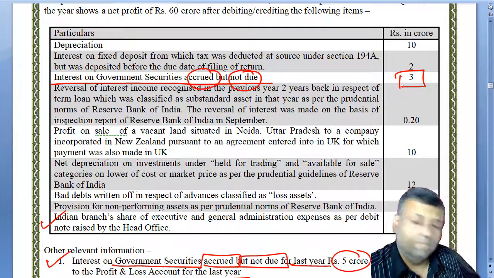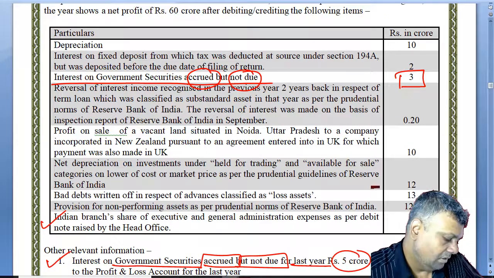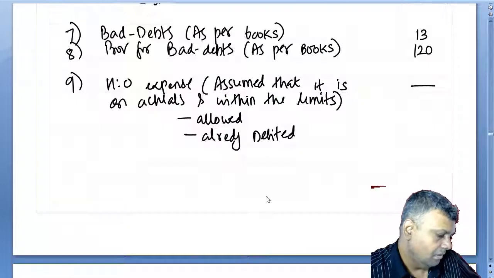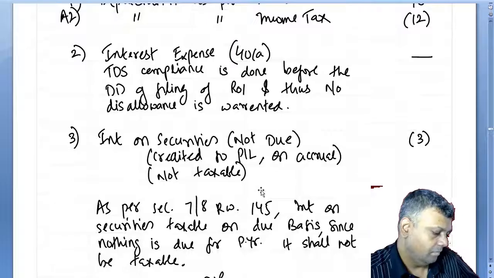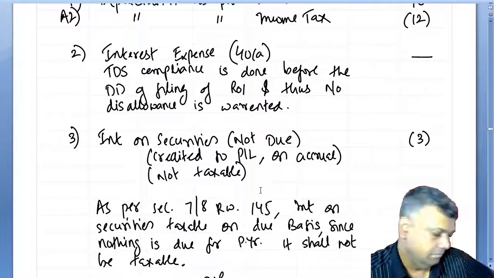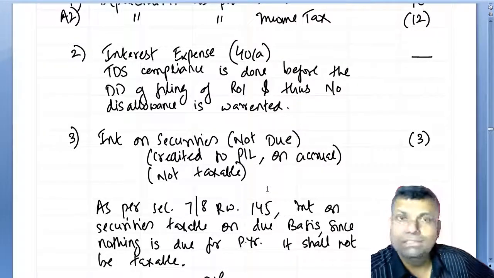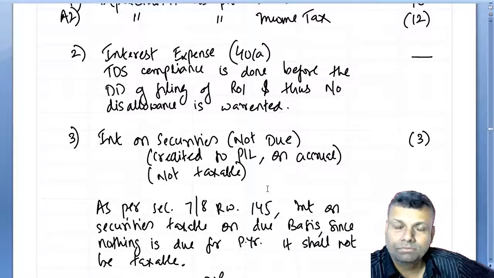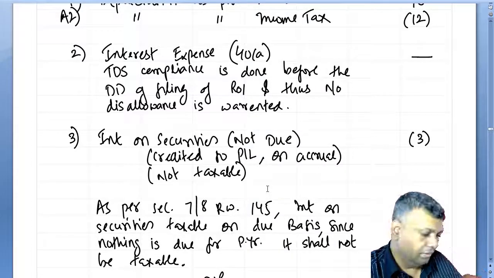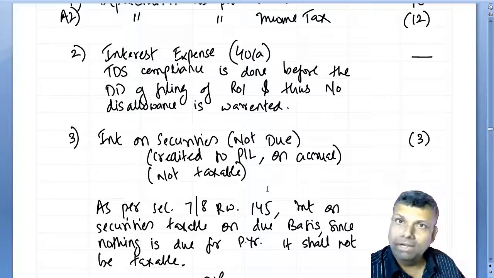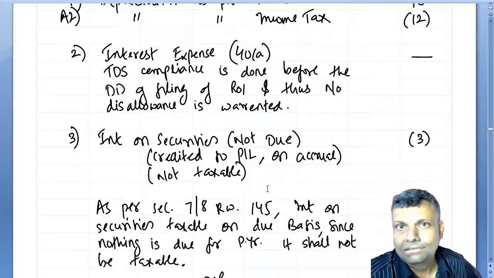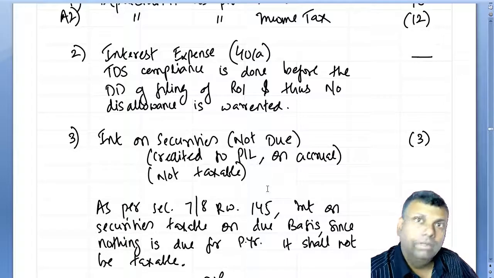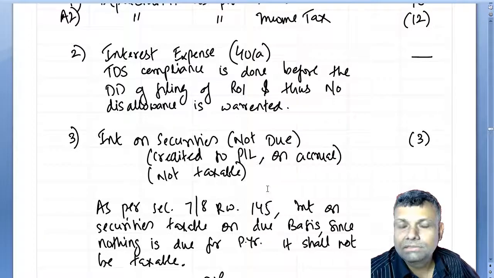What adjustment have we done? Let me scroll it back. Point number 3, interest on securities not due. So for the current previous year, this 3 crore rupees was not due. So we have said we are not going to tax it. It has accrued, but it is not due. So we have not taxed it.